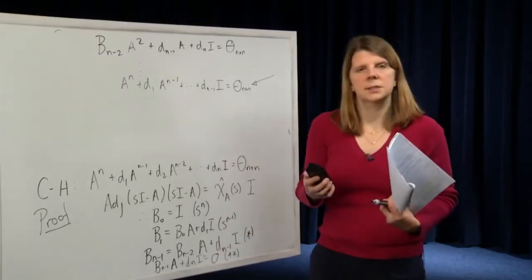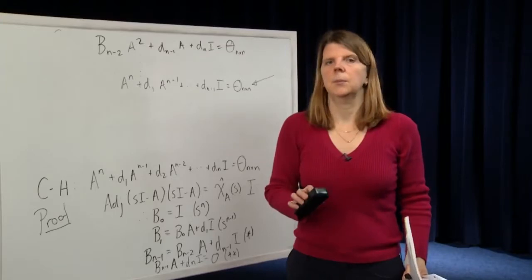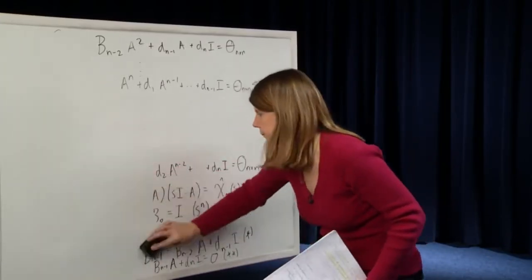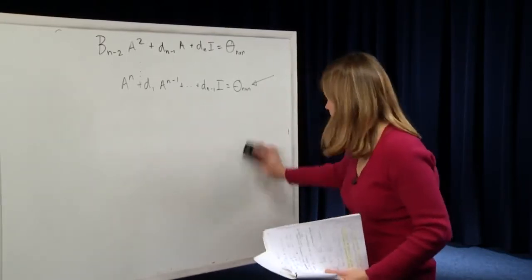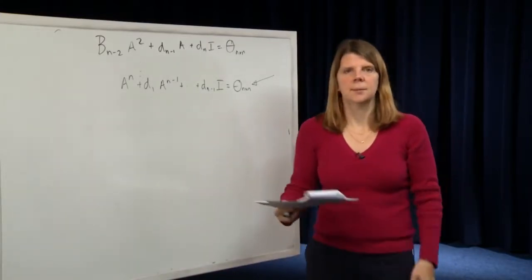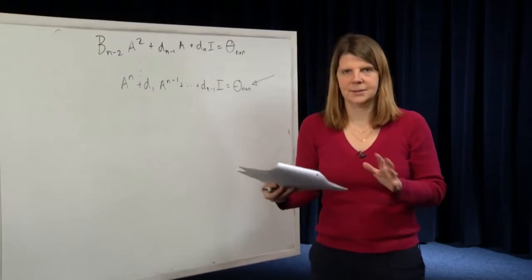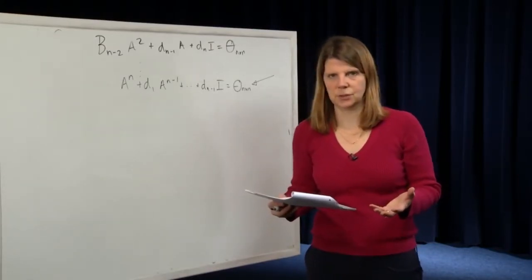So what I'm trying to say is that Cayley-Hamilton tells us something immediately about polynomial functions of matrices. And that's the following. In general, we're interested in the matrix exponential, which has an infinite series representation, but it's more complicated than a polynomial function of a matrix.